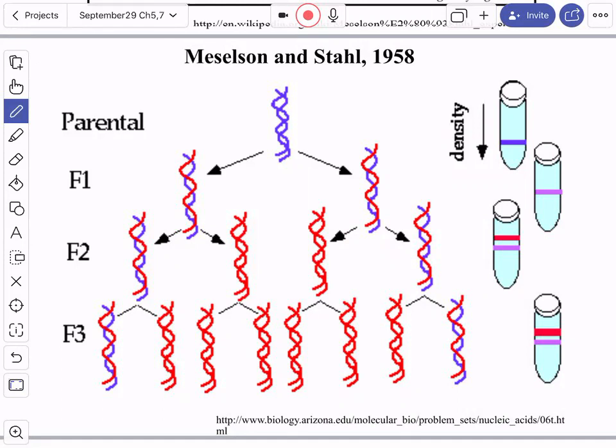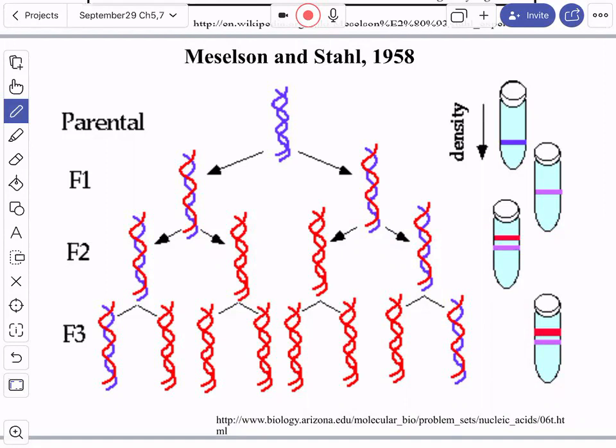I'm going to walk you through how this works, but I do have a link to a video from a textbook, a McGraw-Hill animation. It's just a couple minutes long, and it walks you through, probably explains it even better than I will. So there's a video link here if something that I say doesn't make sense.